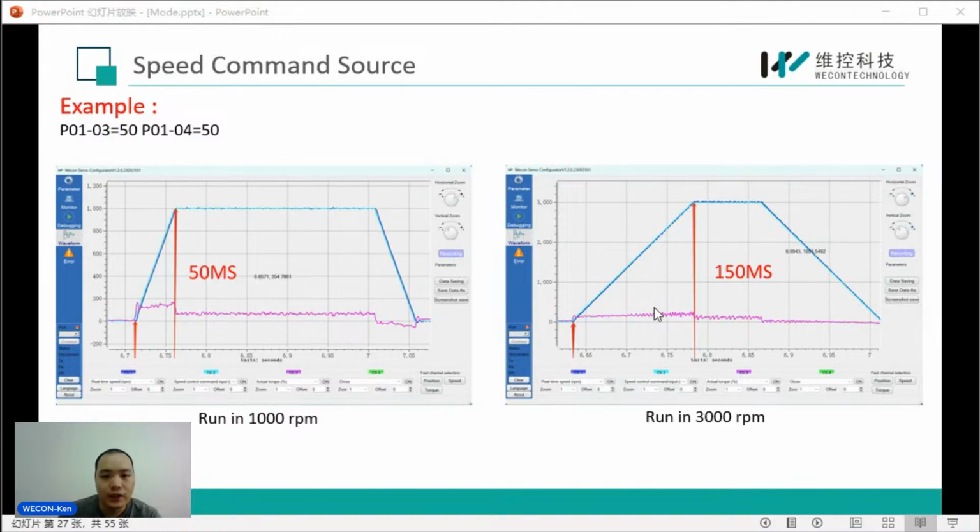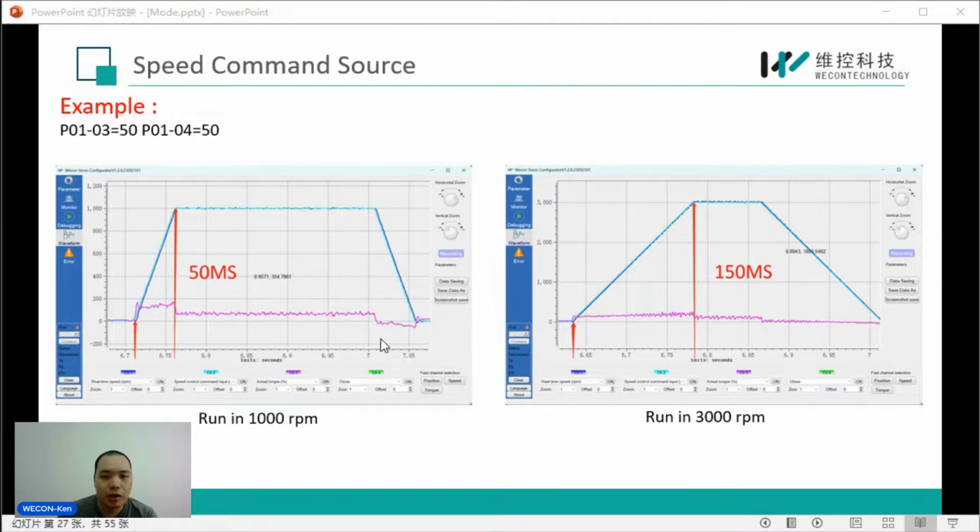And for the second picture, the motor spent 150 milliseconds to reach the target speed, 3000 RPM versus 1000 RPM, and their acceleration is the same.